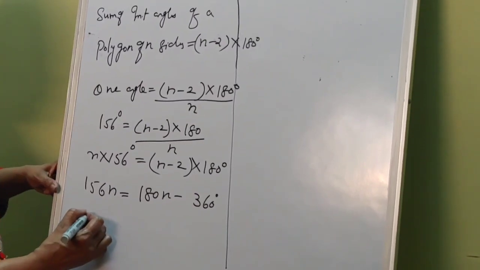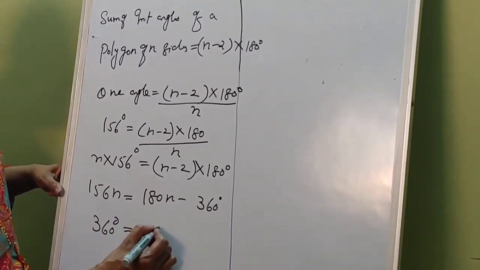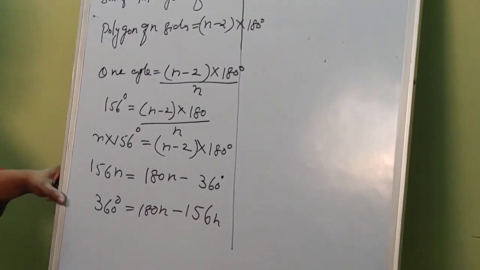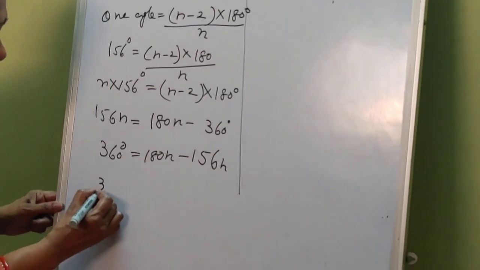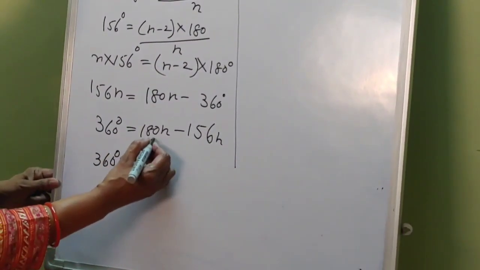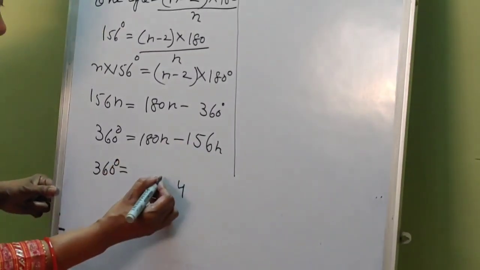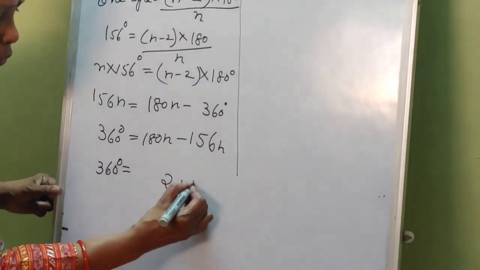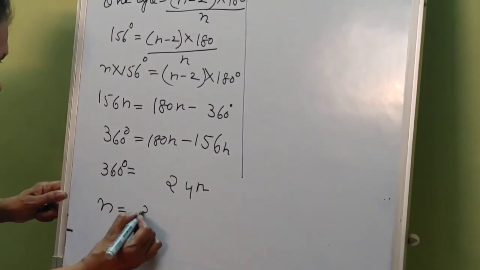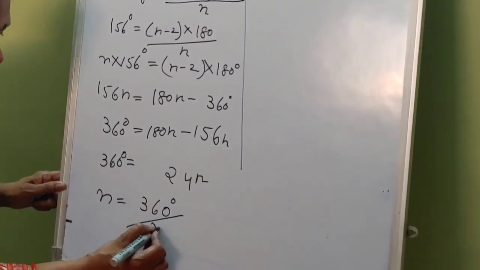So we have 360 degrees is equal to 180n minus 156n, or 360 degrees is equal to 24n. So we have n is equal to 360 degrees by 24.